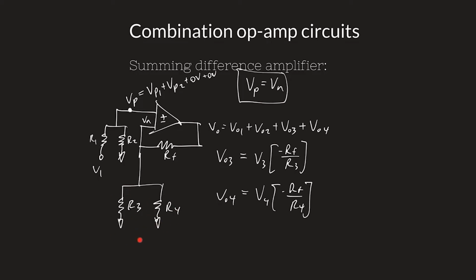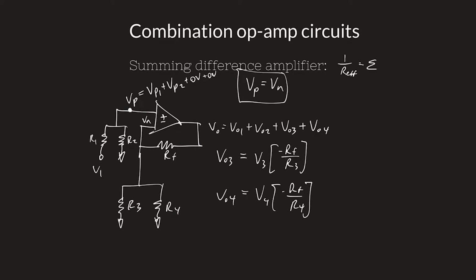It's critical that I have this resistor and whatever resistance I have here in order to determine the gain term that V1 is going to see. R3 and R4 are in parallel. So how do you write parallel? It's an effective resistance.